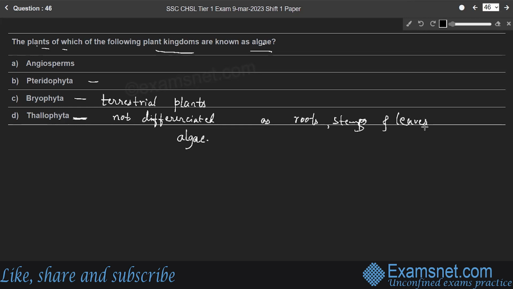Whereas angiosperms are seed-bearing plants. Seeds develop inside tissues that get modified to form the fruit of the plant. Right? Therefore, option D, Thallophyta, the kingdom known as algae.